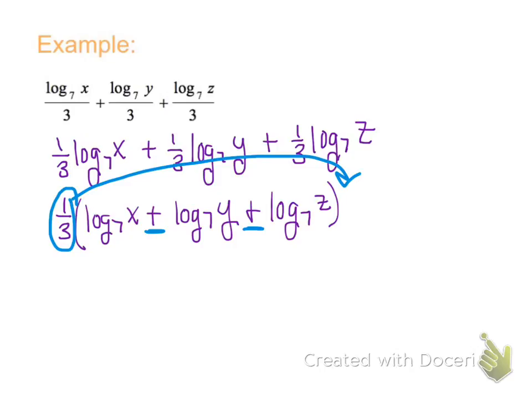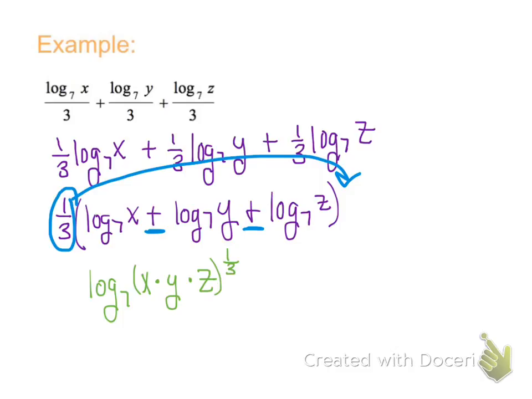So what happens is you'll have the log base 7 of x times y times z. Because that plus sign turns into multiplication, I just combined all of those together. And then also, this is being raised to that 1/3 power.